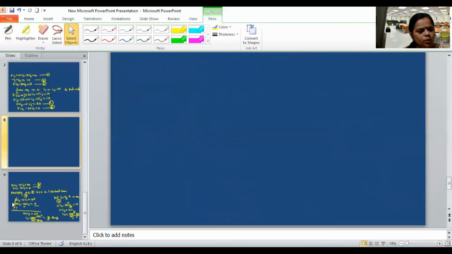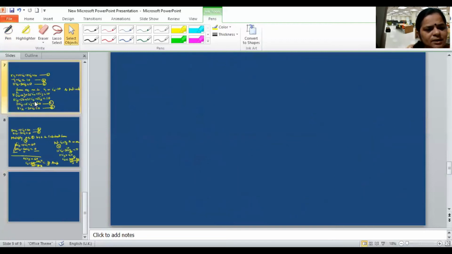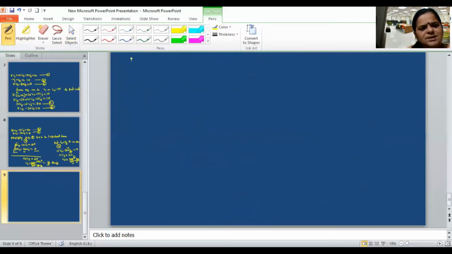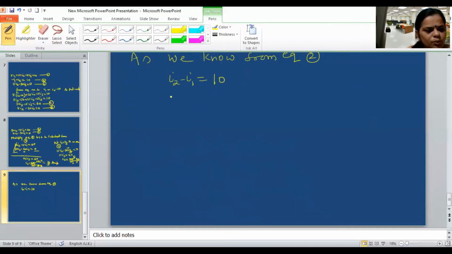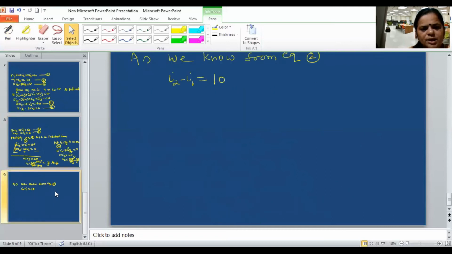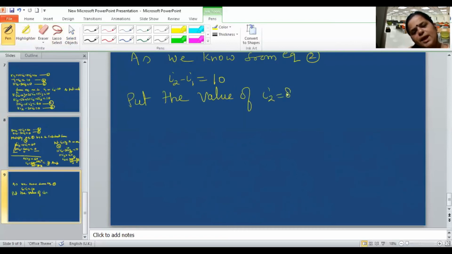Now what is I1? As you can see here, I1 we have written as I2 minus 10. As we know from equation 2, I2 minus I1 is equal to 10. What is the value of I2? The value of I2 is 8 by 3. So put the value of I2, that is 8 by 3 ampere: 8 by 3 minus I1 is equal to 10.